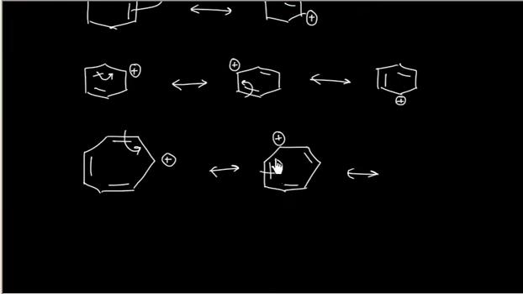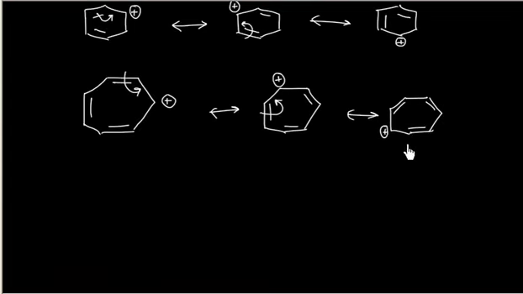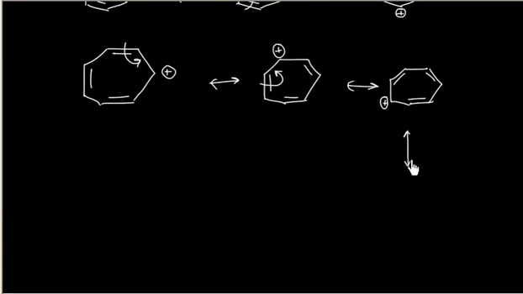We can flow the arrow once again, so we'll have a double bond here and positive charge here. If I flow this arrow here, we will have a double bond, and here we will have a positive charge. So basically in this case we are getting 4 resonating structures.